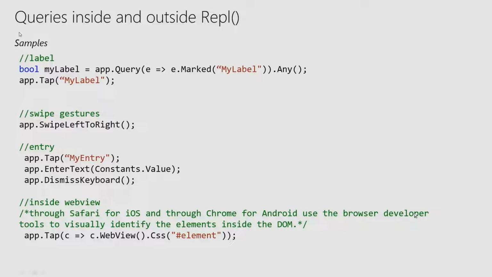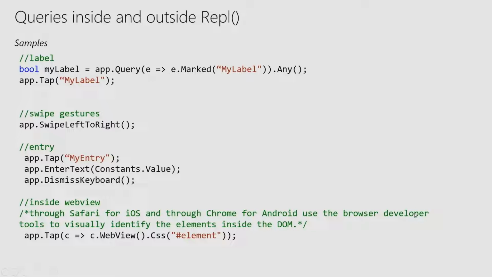So, very simple queries. For example, I want to have my label, so I will query the app to find an element which has the automation ID my label, and if I have found any, this Boolean will be true.